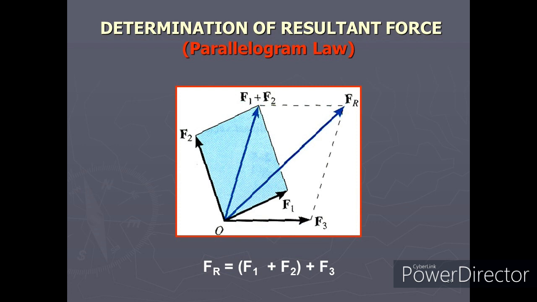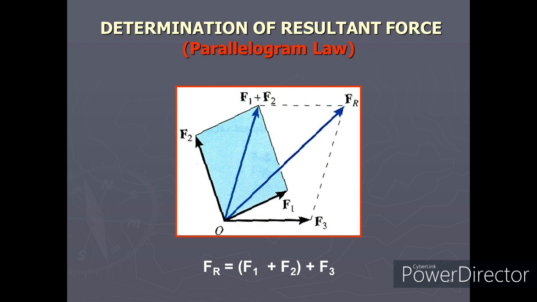So here we took F1 and F2, and apply the parallelogram law. I explained the parallelogram law before, right? And we discussed the properties of parallelogram and triangle, right? Okay.